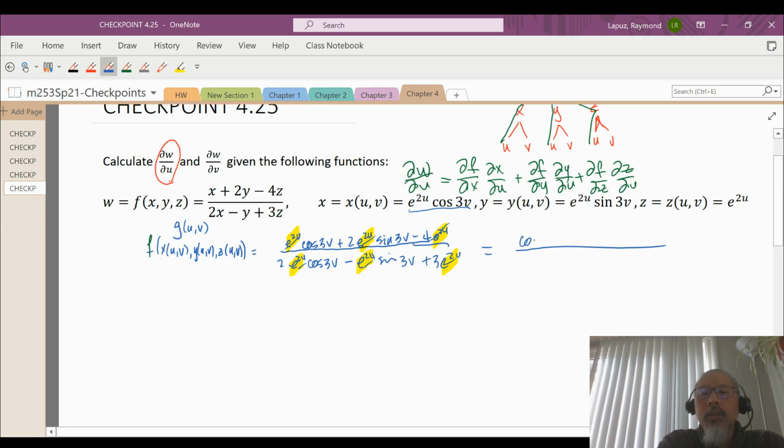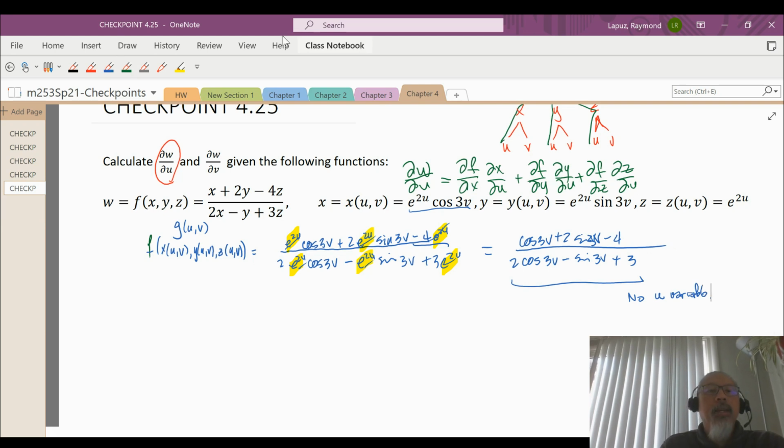We have cosine of 3v plus 2 sine 3v minus 4. And we have 2 cosine 3v minus sine 3v plus 3. Now notice that this has no u variable.